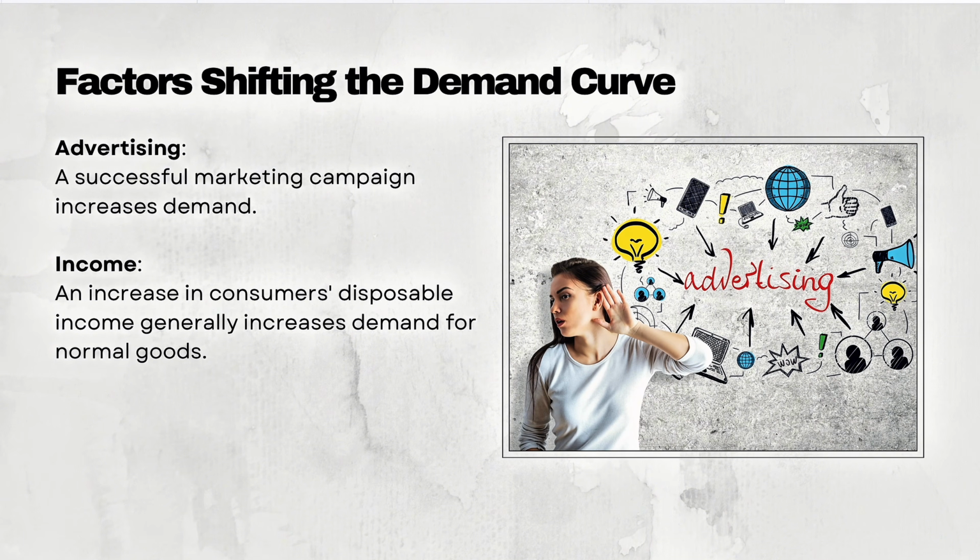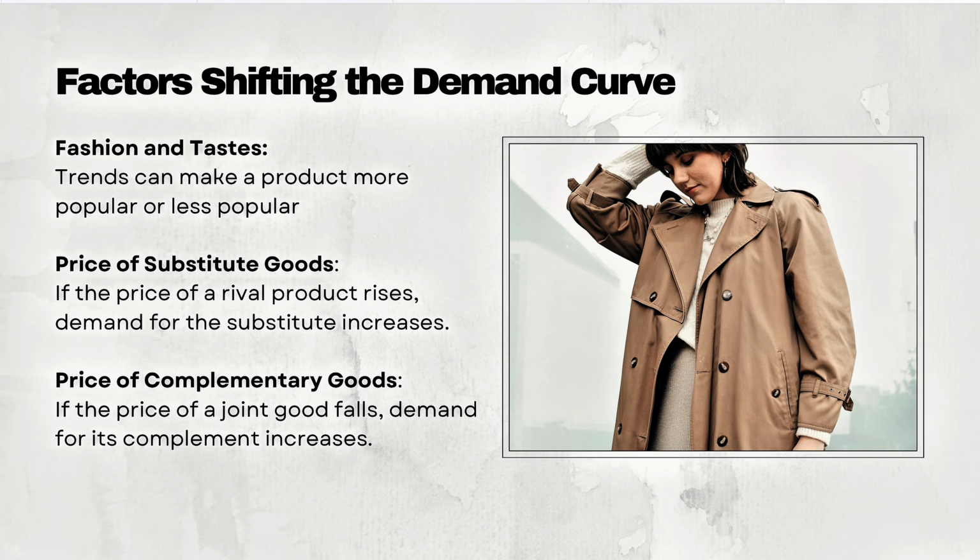Another reason is an increase in income. Consumers' disposable income will increase, and therefore the demand for goods and services increase. Next, we have fashion and tastes. If something is in fashion, then the demand for that item will increase. For example, summer clothes for summertime.